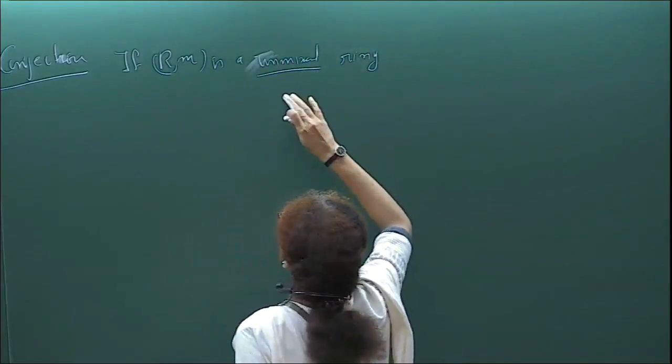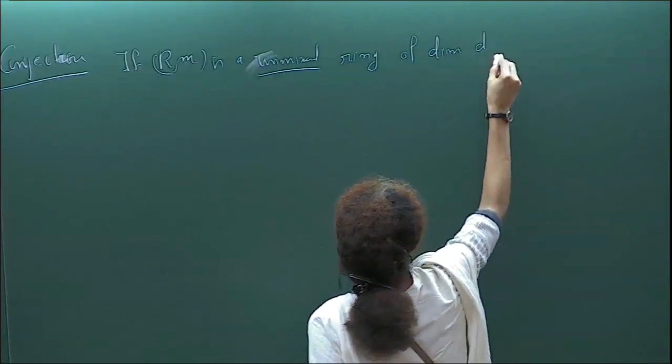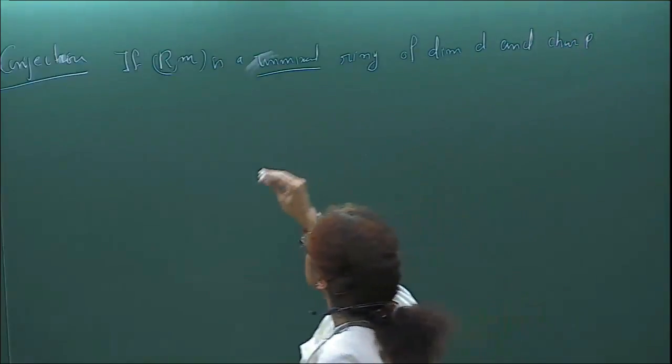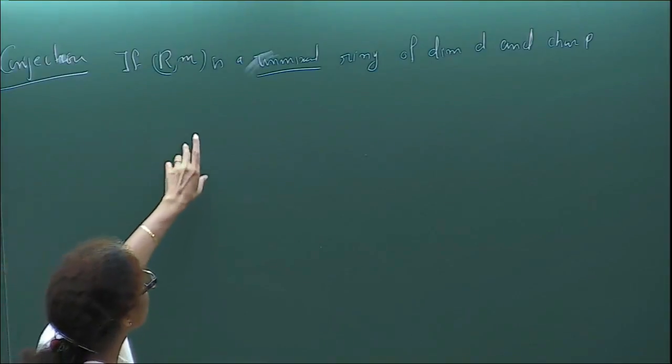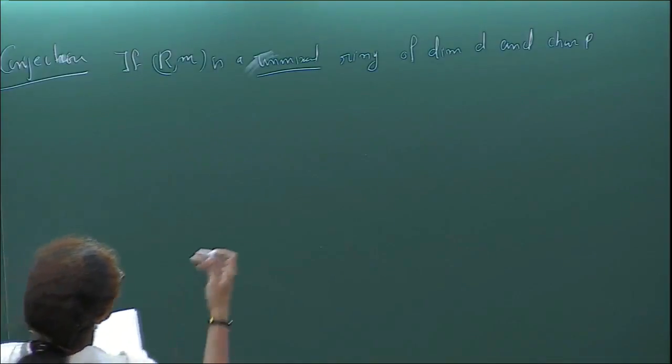I'll define this notion. It's an unmixed ring of dimension D and characteristic P. So unmixed is a geometric concept. It's saying it doesn't have any embedded lower dimensional component. That's all it says, because lower dimensional components do not show up in the computation of EHK. So suppose you have this ring.